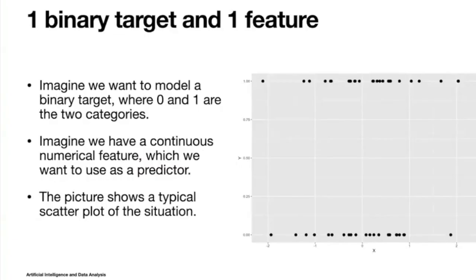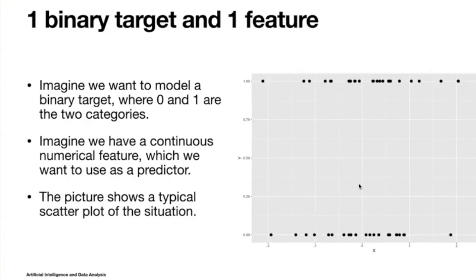Now, imagine that we start with a very simple situation in which we have one binary target and one feature. The typical plot that you can expect if you create a scatter plot is something like the plot you see here in the slides. So what do you have? Obviously your target is binary, so it can only attain two values, 0 and 1.